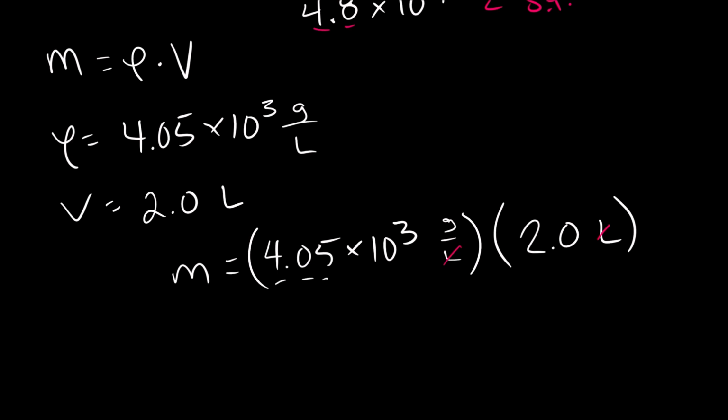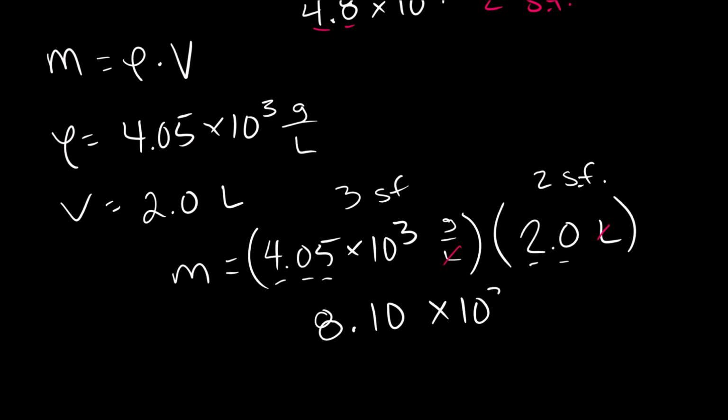When we look at the sig figs, we're multiplying a number with 3 sig figs by a number with 2 sig figs. Our calculator would give us 8.10 times 10 to the 3 grams, but we cannot report our answer with more sig figs than the input with the least sig figs.